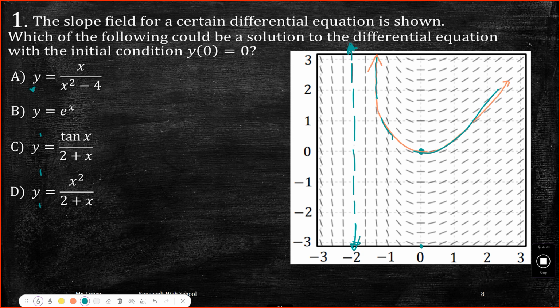Well, it can't be this one, because it's defined everywhere, and there's nothing wrong with e to the x. If we plug in x is 2 here, there's no problem at 2.